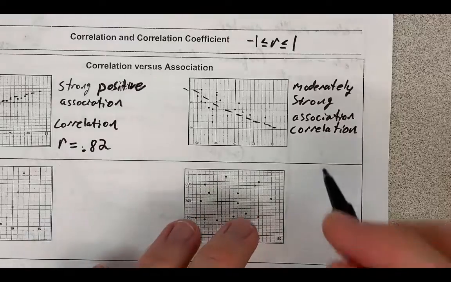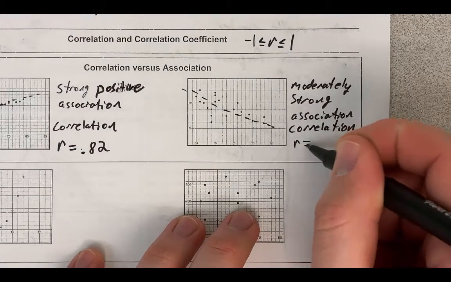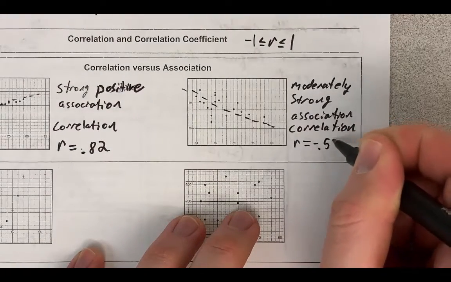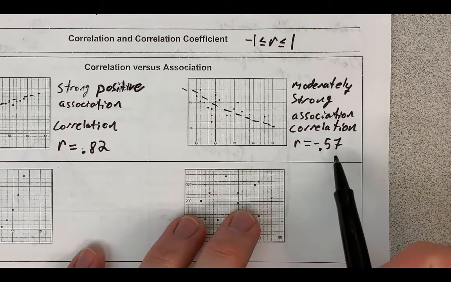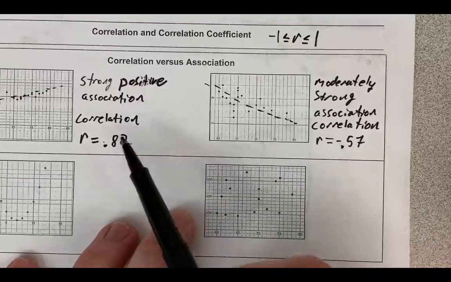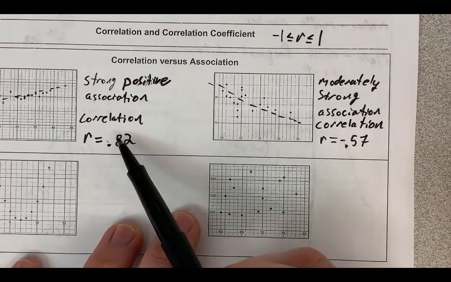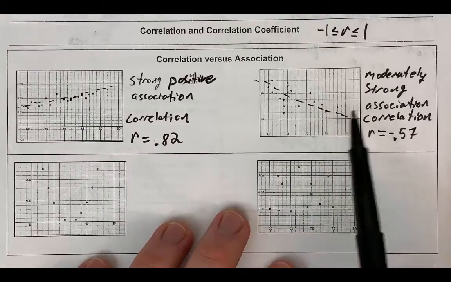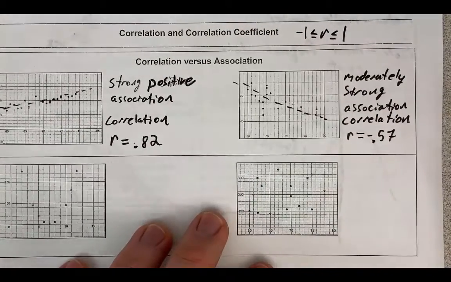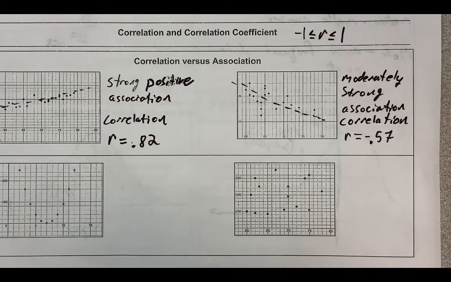This one has an R value of -0.57. Again, the negative means a negative slope, and -0.57 is clearly further away from 1 than 0.82. So you can see that this data fit a line better than this data did over here. 0.5 is a good cutoff for when you might say data has a good correlation, so between 0.5 and 1, or -0.5 and -1.